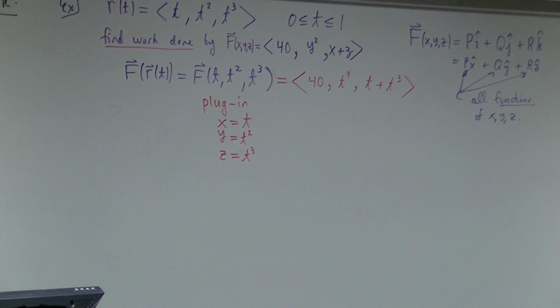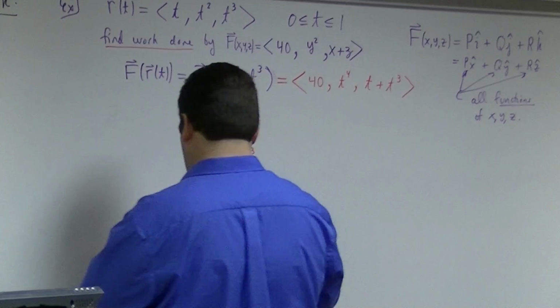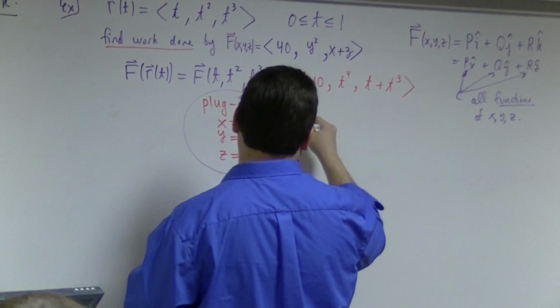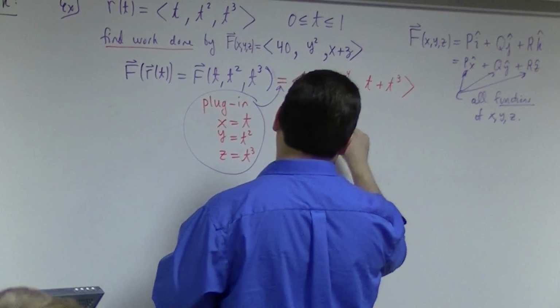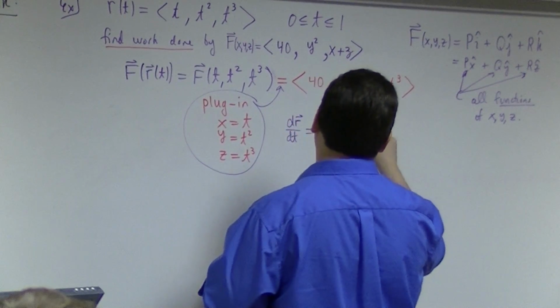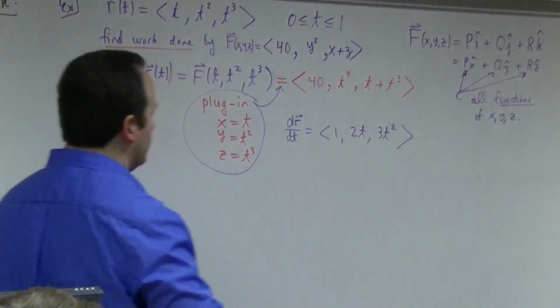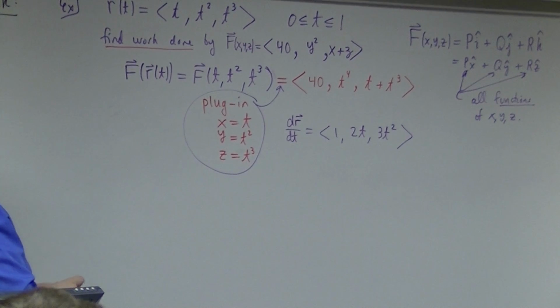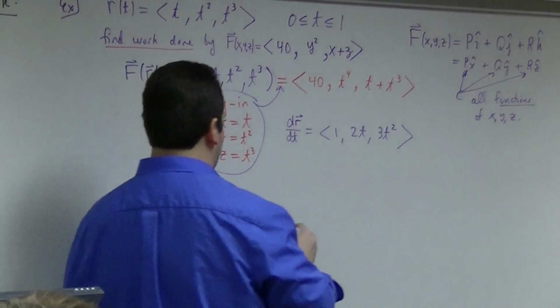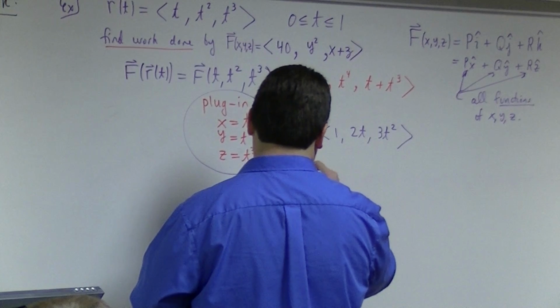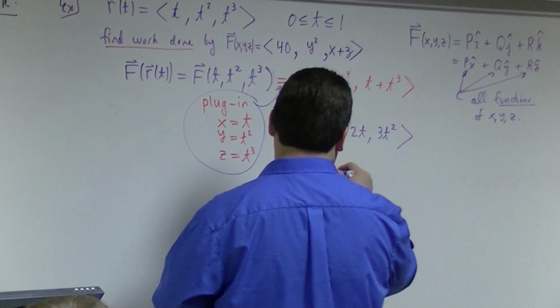Now we've got to find the velocity of the twisted cubic. dr/dt is just 1, 2t, 3t squared. And then what's F of r of t dot dr/dt then equal to?